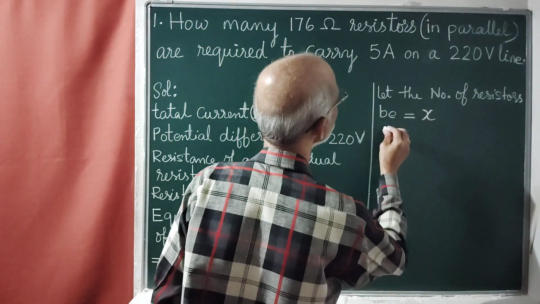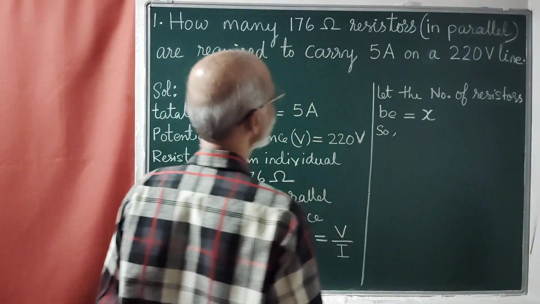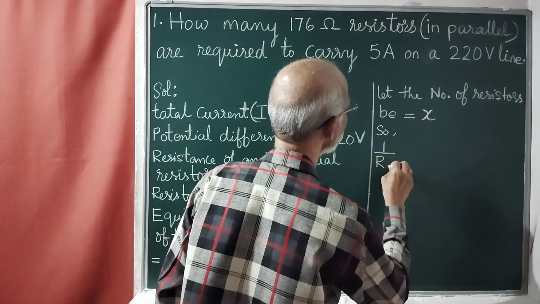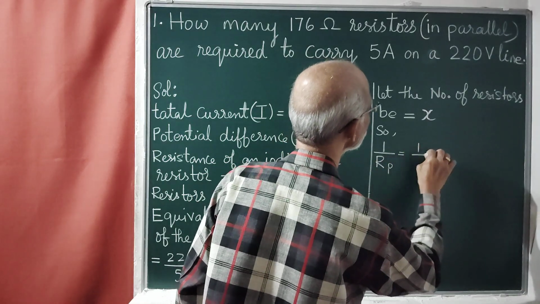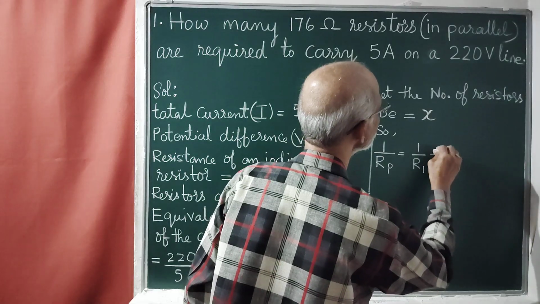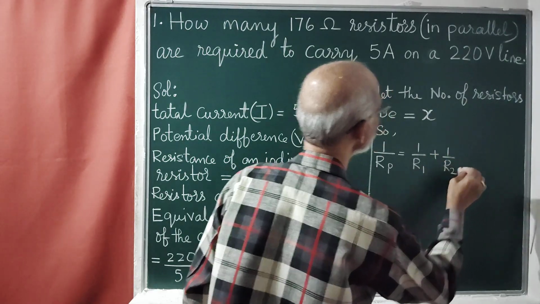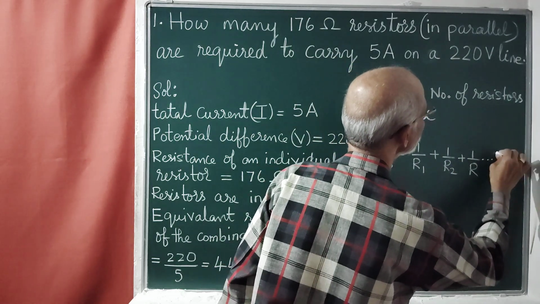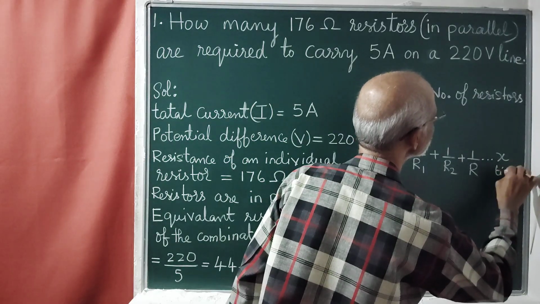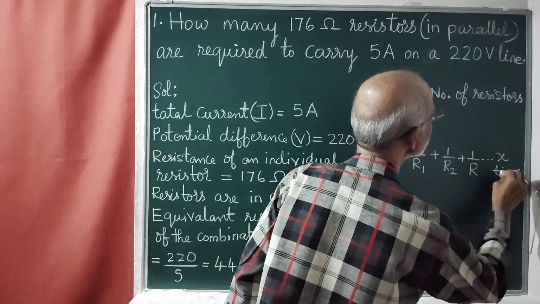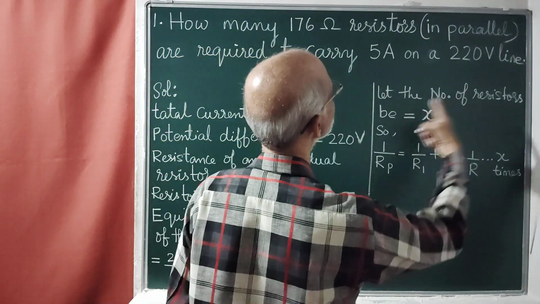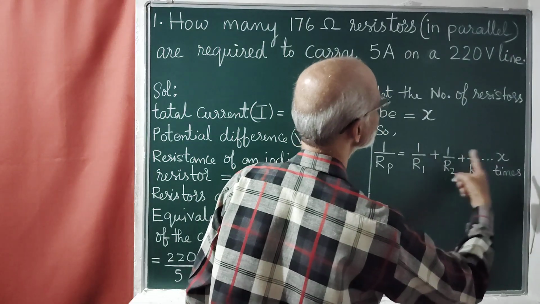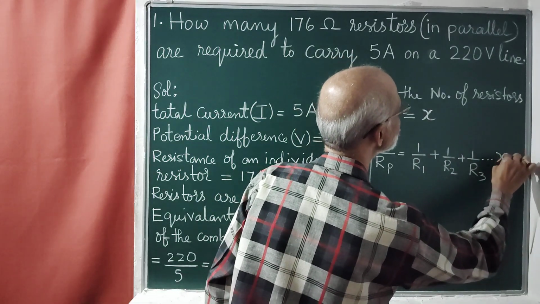So because it's a parallel connection, 1 by Rp is equal to 1 by R1 plus 1 by R2 plus 1 by R3, x times, because we have taken the number of resistors to be x.